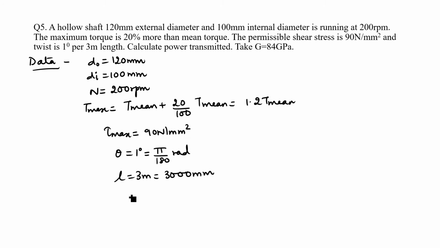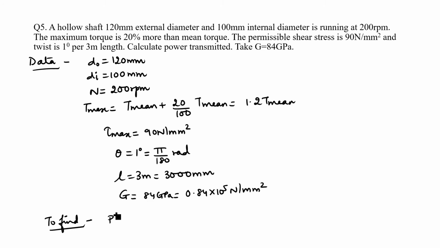Calculate the power transmitted. I have to calculate the value of P. The value of G is given as 84 gigapascal, which means it is 0.84 into 10 raised to 5 Newton per mm square, to find P.